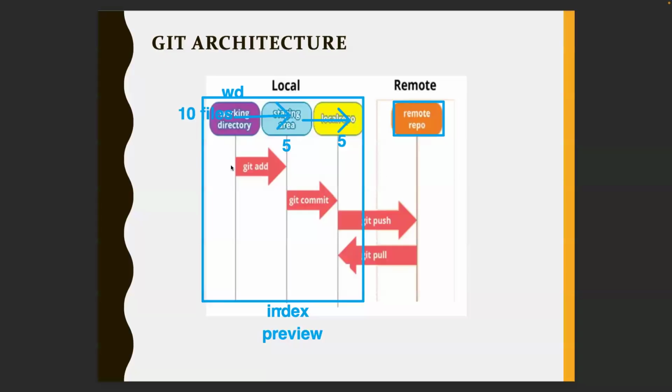So from the working directory, your changes go to the staging area, from the staging area to the local repository. From the local repository only, it can go to remote. What are the commands used and all, we will learn. It's called the Git tree. It's like 3 steps before your changes reach remote. You cannot just push directly from here to remote or from here to local.